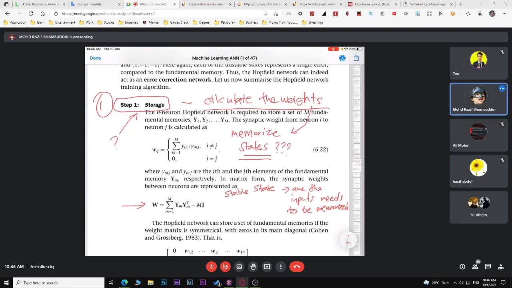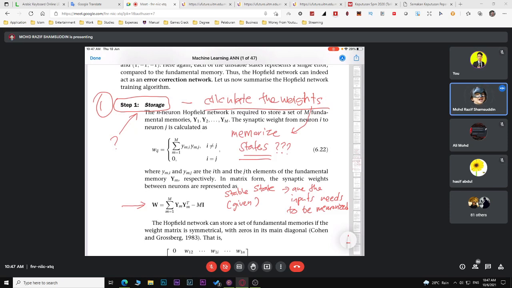Okay. Maknanya when we create our Hopfield network, the Hopfield network has a purpose, right? Betul tak? So ada objektif dia. So the purpose of the Hopfield network is to memorize the stable state. So stable state ni given lah. Ni data you. Is your data to be memorized.